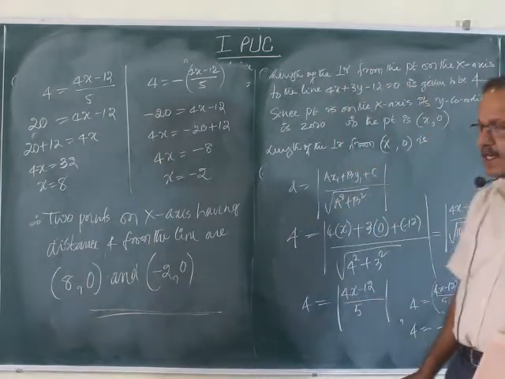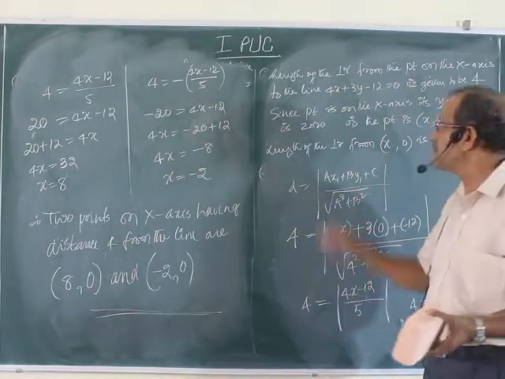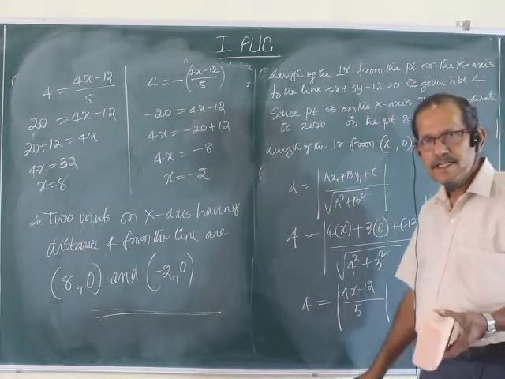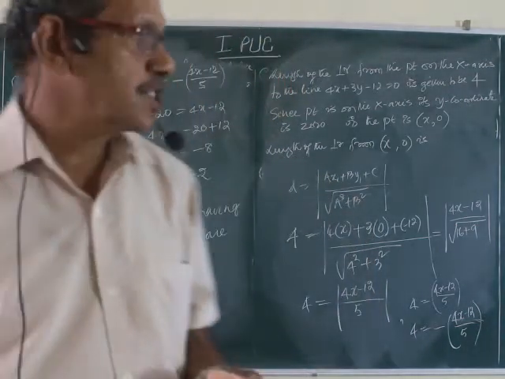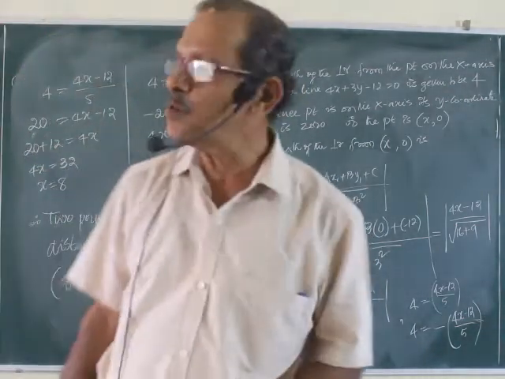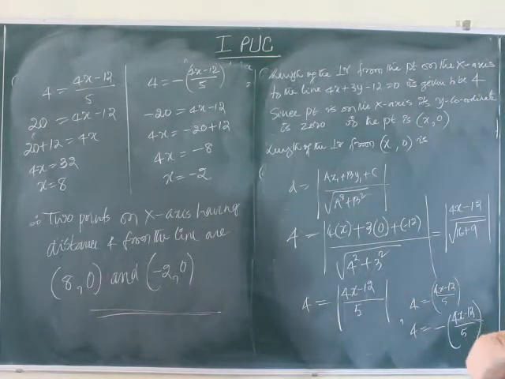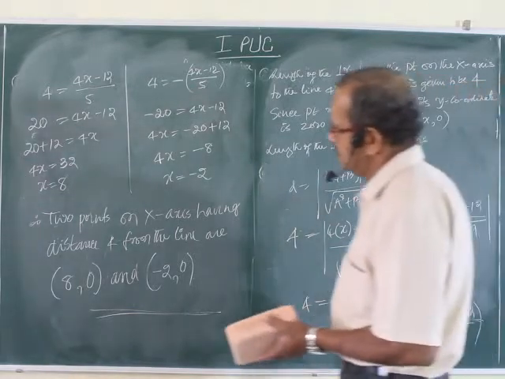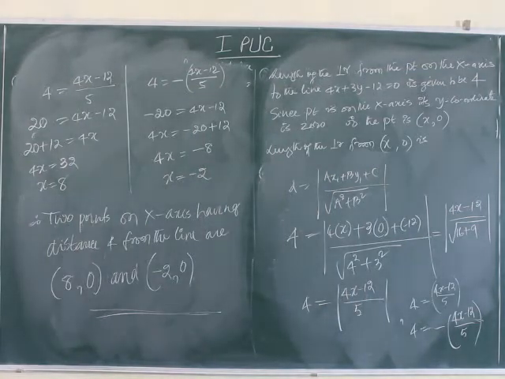There are 2 points having the same distance of 4 units from this line. The lengths of the perpendiculars are the same. There exist 2 points on the x-axis.